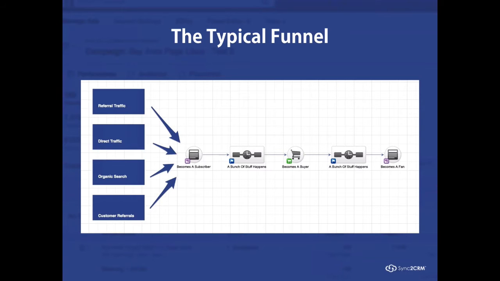They become a subscriber, at which point a whole bunch of stuff happens, mainly around email, which is going to hopefully drive them to become a buyer. And then a whole bunch more stuff happens, again, mainly around email. And hopefully that is going to result in them becoming a fan, which circles back around to that customer referral, right?